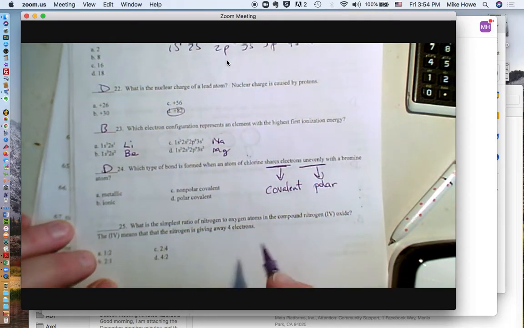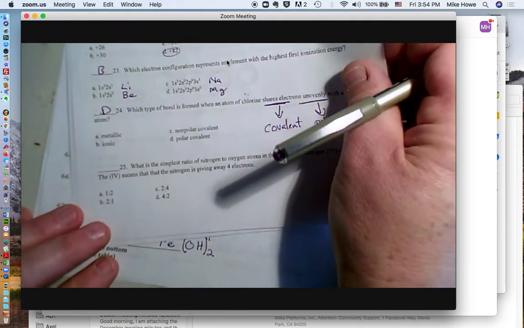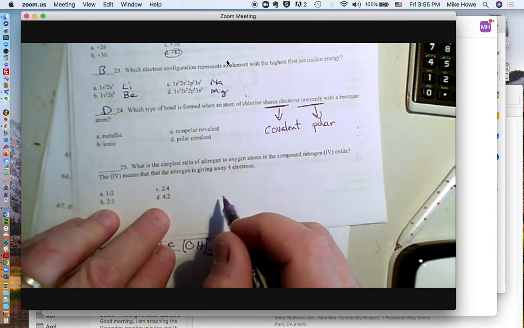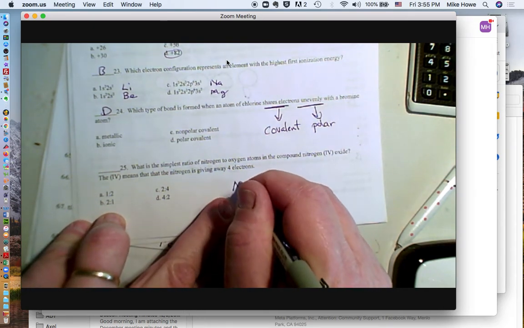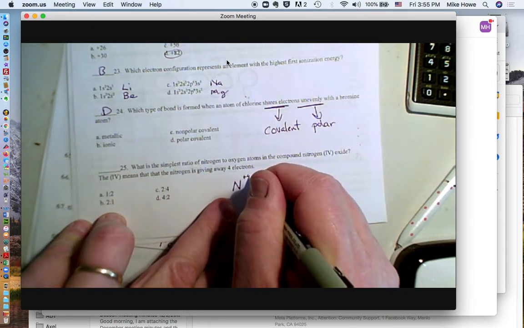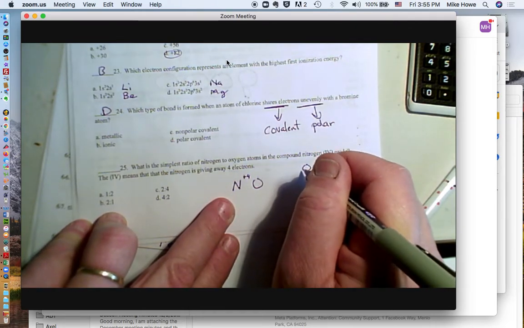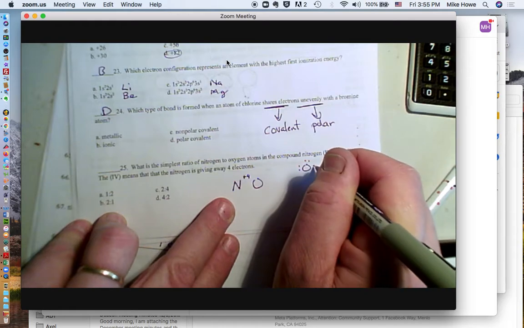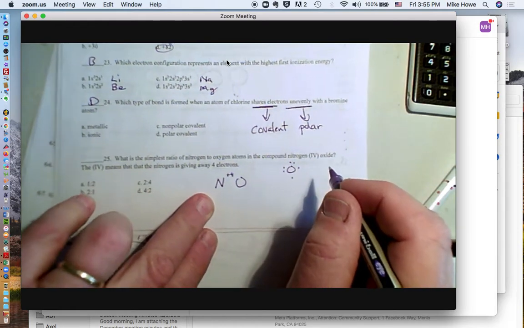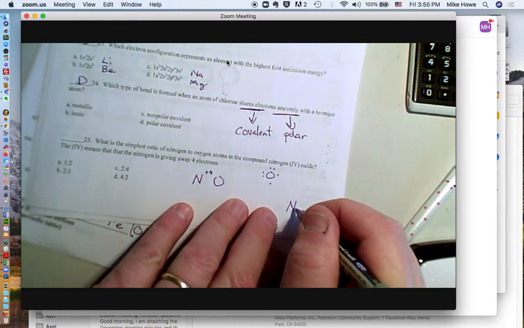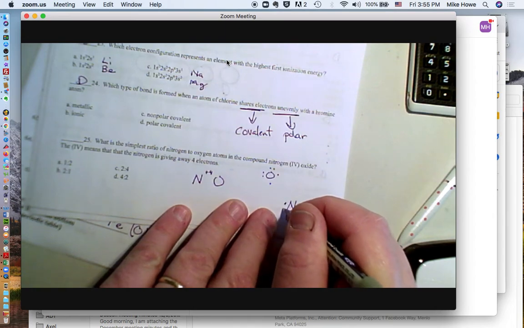So polar covalent. And if you're doing a simplest ratio of nitrogen to oxygen in the compound nitrogen 4 oxide, here's nitrogen, it's going to have a +4, it's going to give away 4 electrons. You have oxygen. Oxygen has 6 valence electrons. So if I have a nitrogen with 4 to be given away, that's kind of weird for nitrogen.